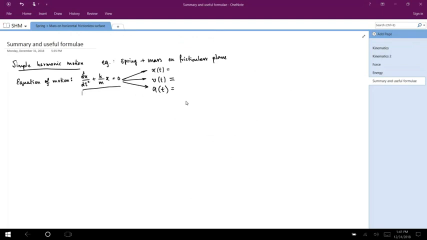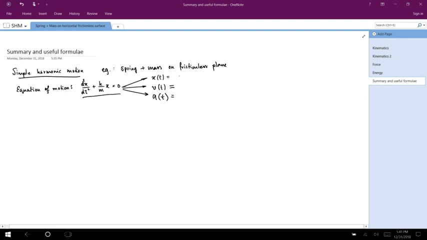So let's summarize what we have done so far. We are studying simple harmonic motion. Our example is a spring plus mass on a frictionless plane. The equation of motion is d2x/dt2 plus k over m x equals 0. And this leads us to find a solution: x as a function of t is equal to A sine(omega t plus delta).